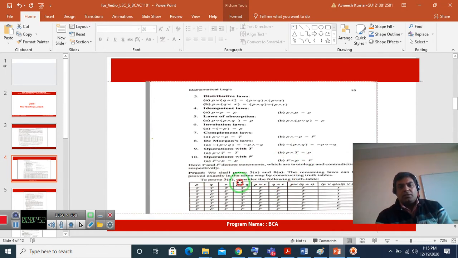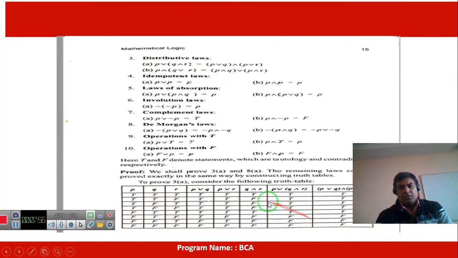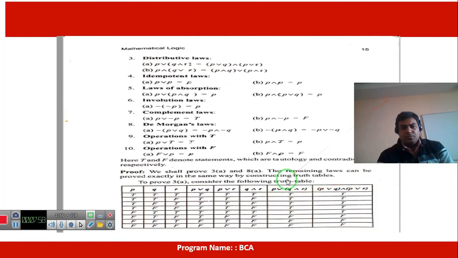So there are some rules we have discussed, and from the above rules, part 3A and part 8A have been solved here. 3A means that you should solve q conjunction r disjunction with p, which equals p disjunction q, conjunction p disjunction r, and you will find the equal result.